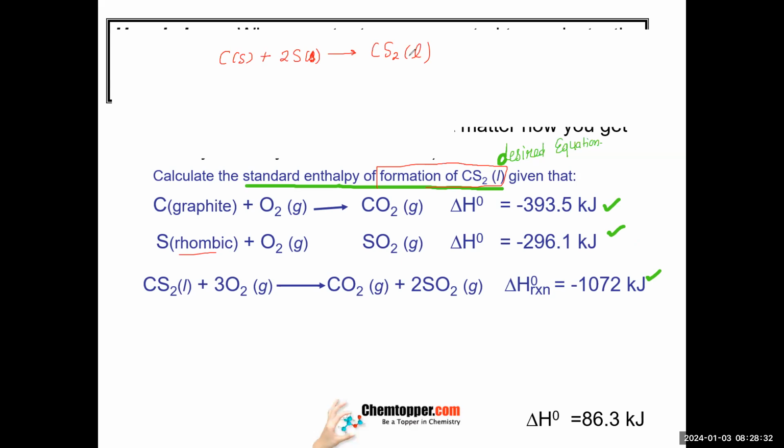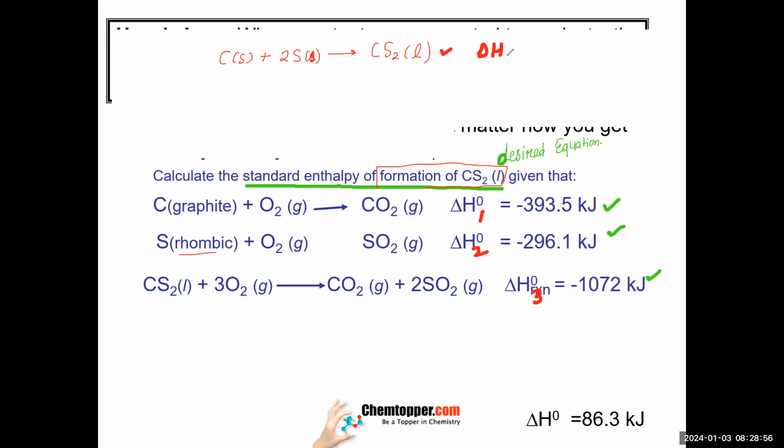Right? Now check how we are going to use these three equations. Let's say this is delta H1, delta H2, and delta H3. This one. 1, 2, 3. How I'm going to use these three delta H's to get this answer.